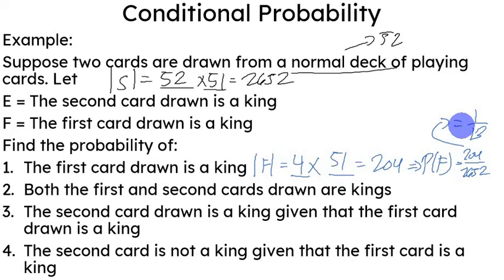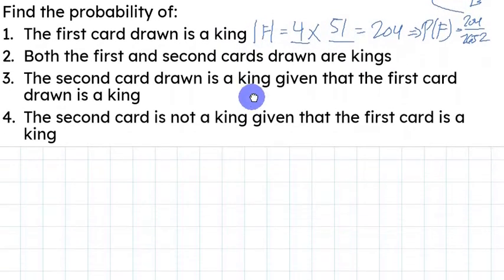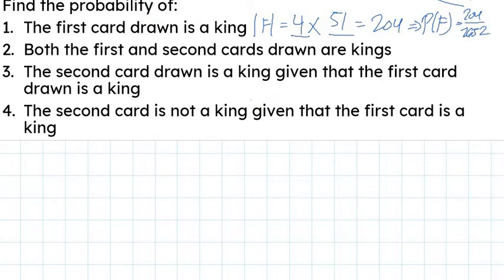Now, what if we want to find the probability that both the first and the second cards drawn are kings? I don't have space here, so I will probably scroll down.